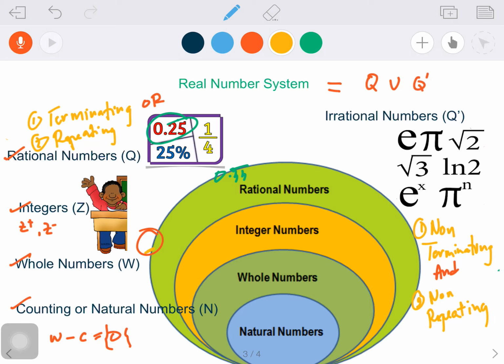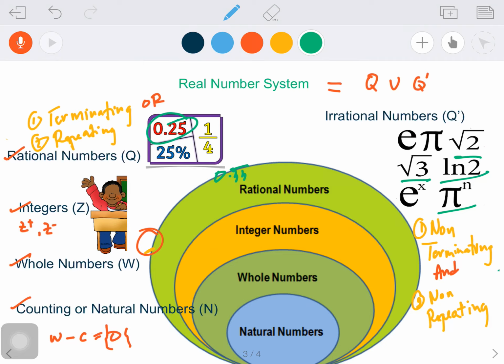Square root of 2 is also the same. It's an irrational number because it's a decimal that does not terminate and does not repeat. And the same is true with the rest of the values, like ln 2, pi to the n, square root of 3. All right.